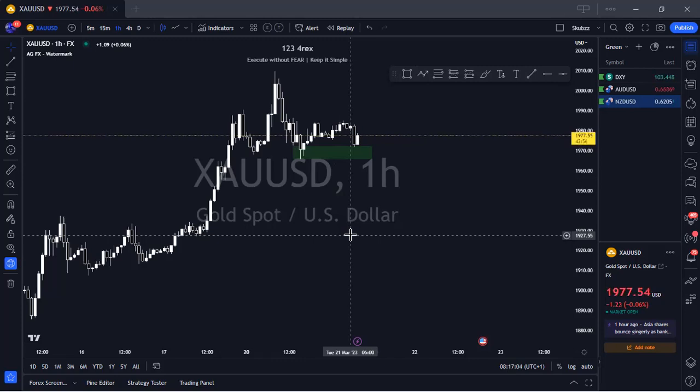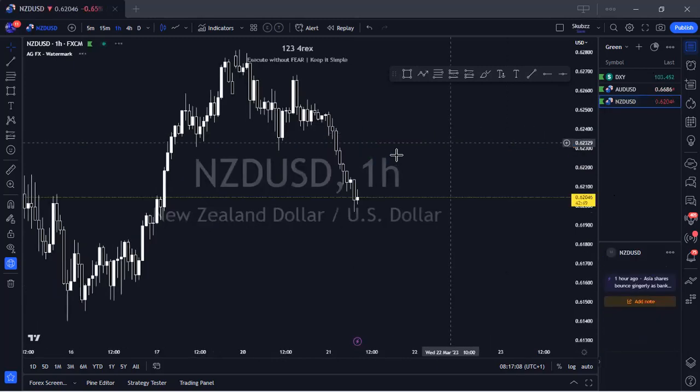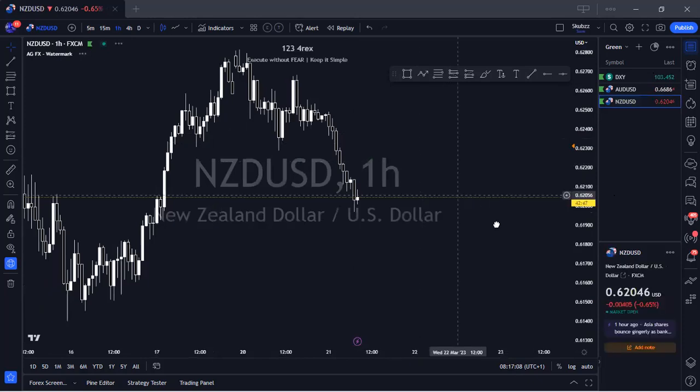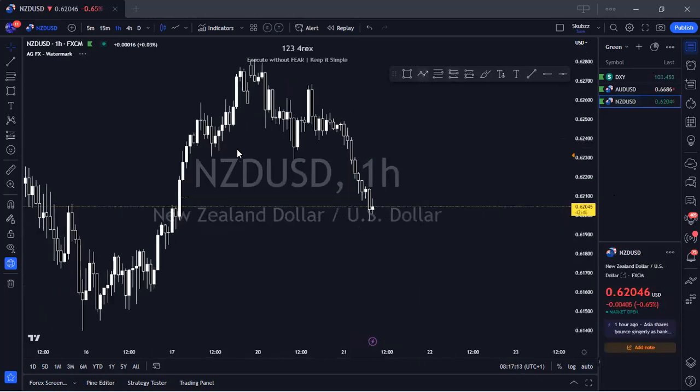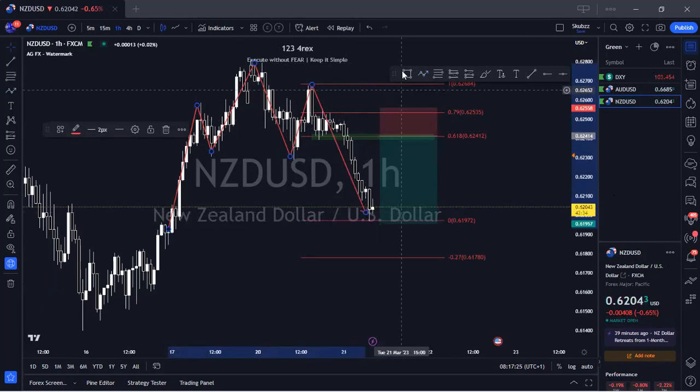Wait, first, let me show you the difference. Look at NZDUSD. I said NZDUSD has a head and shoulders formation here. So let me explain why NZDUSD is different. NZDUSD created this high here, then a low, another high, another low, and then we failed to create that high. But then we came back to break that higher low to the downside.